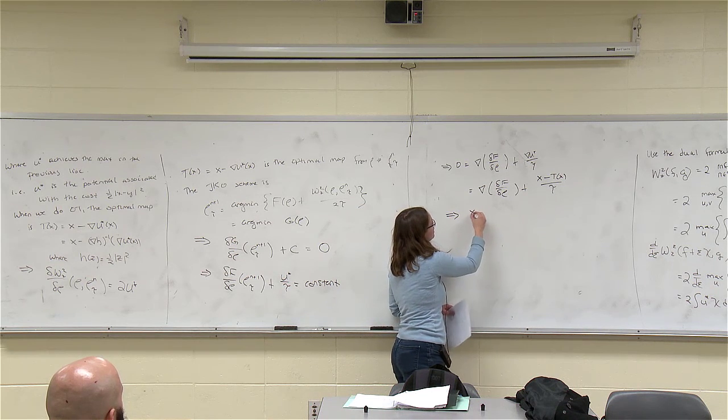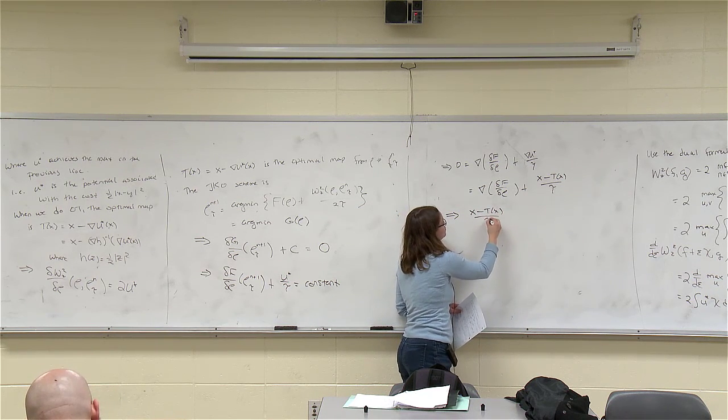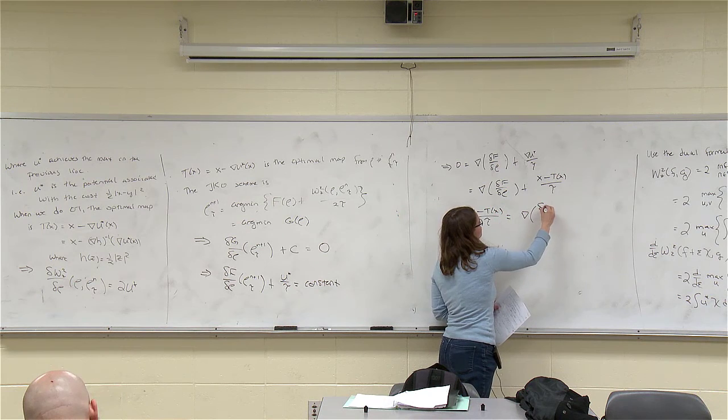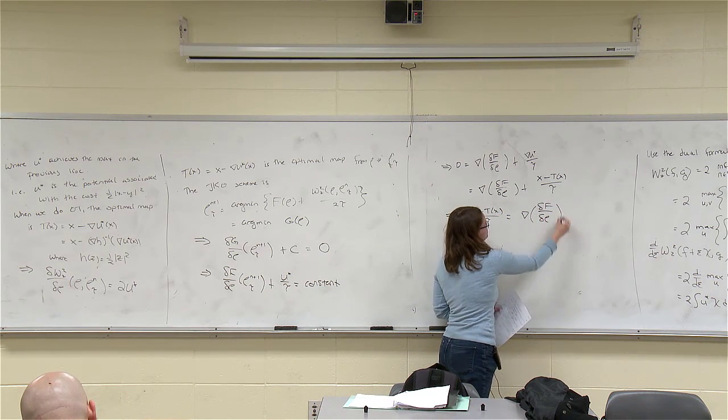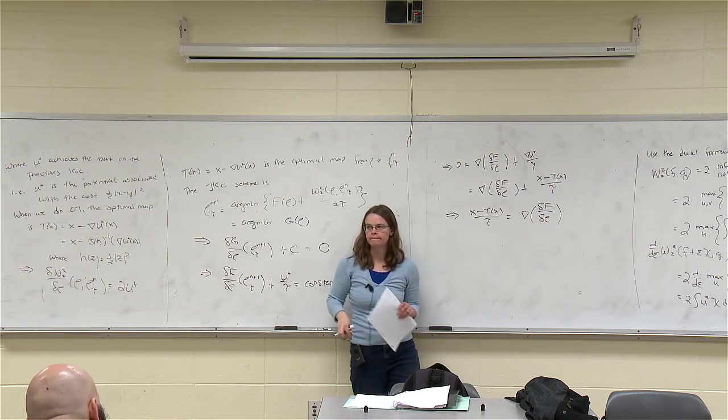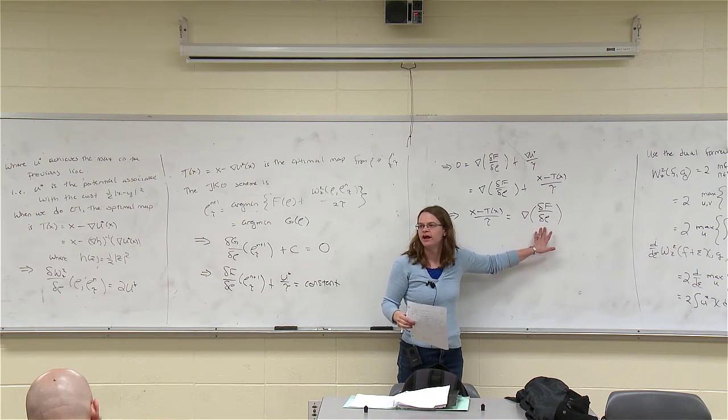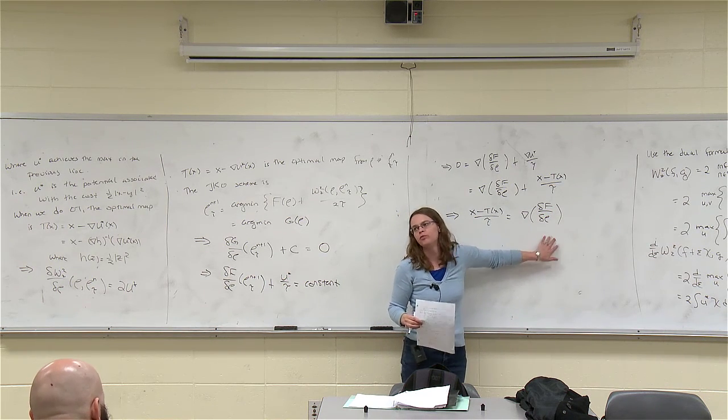Let me rewrite this a little bit: x minus T of x over tau equals the gradient of my first variation. Once I know what F you are interested in, we can compute this. That's no big deal.